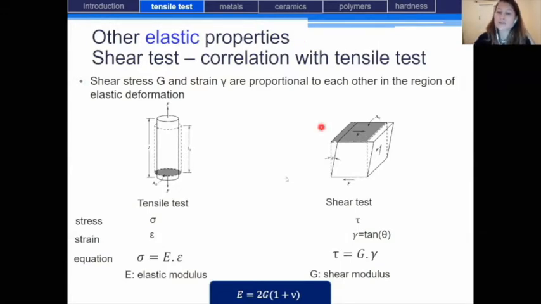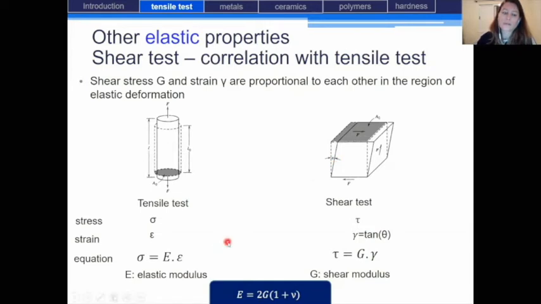Let's remember, in a shear test, here we have the specimen, and we apply a force in the same plane as the surface of this specimen, and we observe the deformation with the variation of this angle, theta.